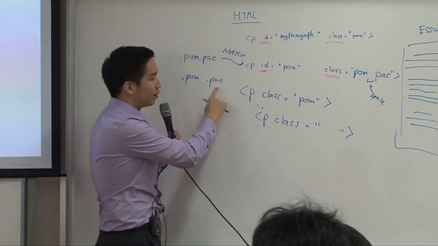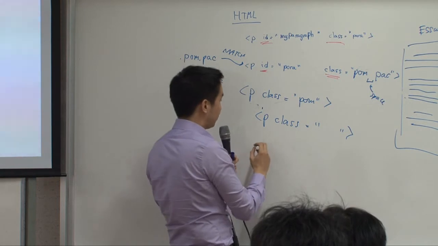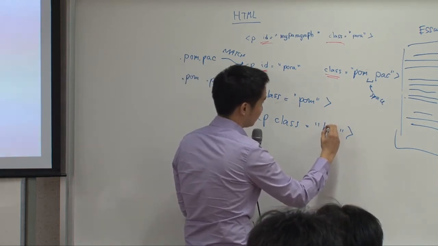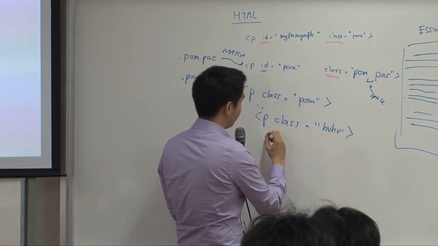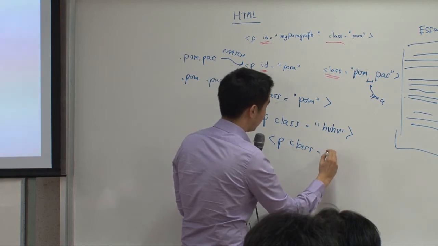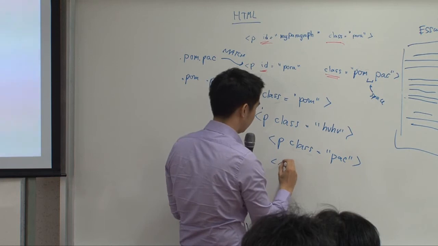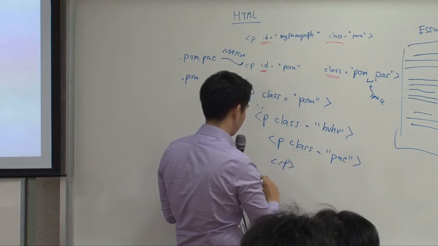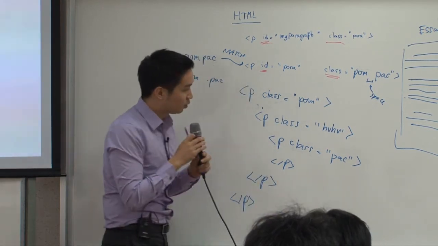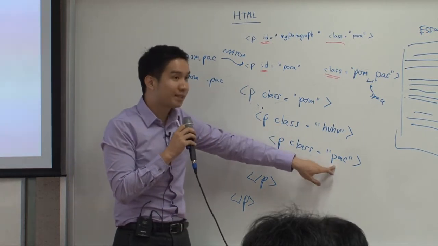I've already shown you one example of how to match .pom and .pack. How about this one? So we have a paragraph tag with class pack.